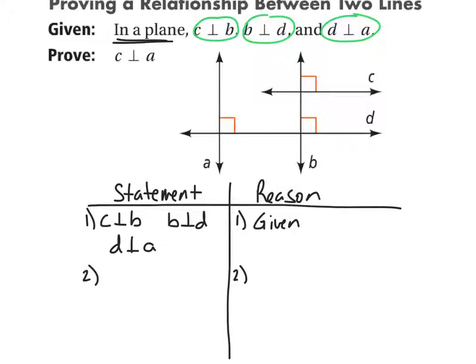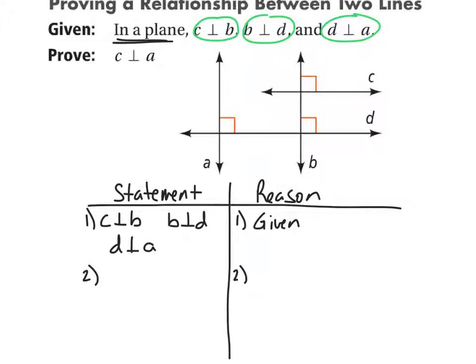What about the transitive property? The transitive property of parallel lines says that if we have parallel lines, we don't have parallel lines, we have perpendicular lines. So we definitely can't use the transitive property of parallel lines. But we might be able to say some lines are parallel. That's possible.